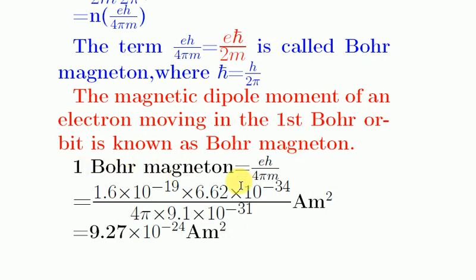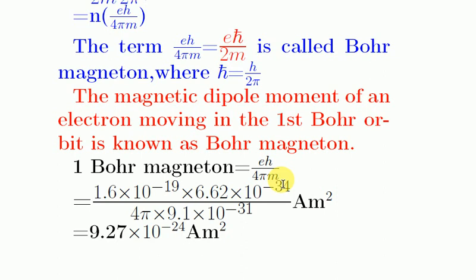1 Bohr Magneton equals eh by 4 pi m, where e is the charge of an electron, h is Planck's constant, 4 pi is a constant, and m is the mass of an electron.